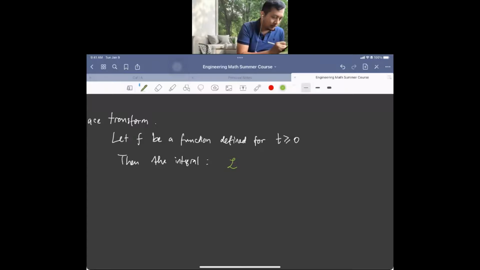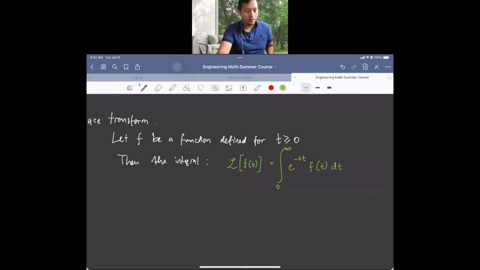This is the Laplace operator or Laplace transform, and inside the brackets is the function that we want to transform. Let's say our function is f of t. The definition is based on the improper integral, the integration from 0 to infinity of e to the negative st f(t) dt.